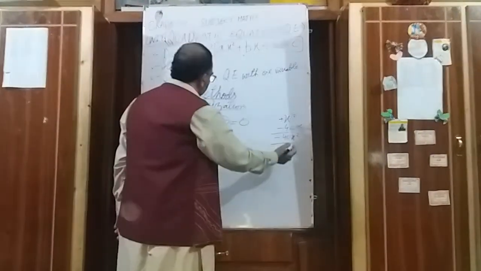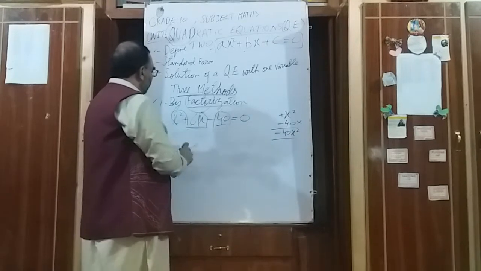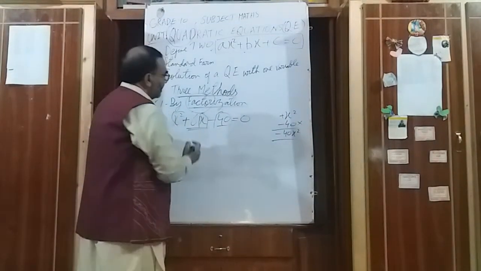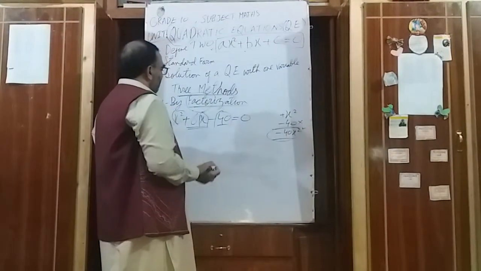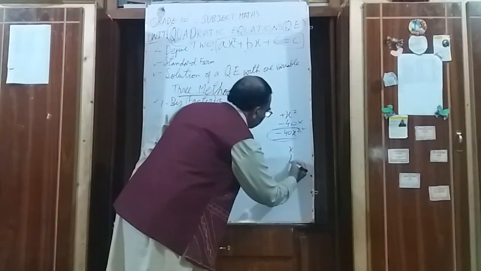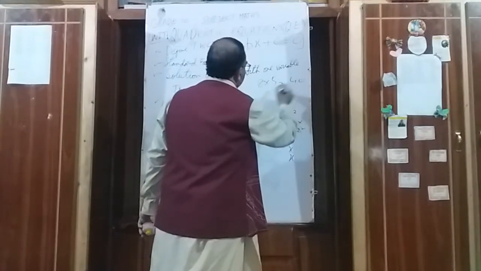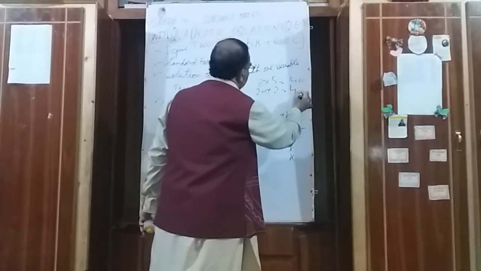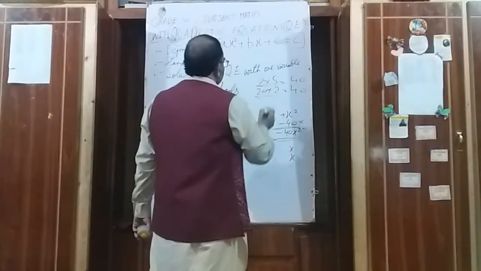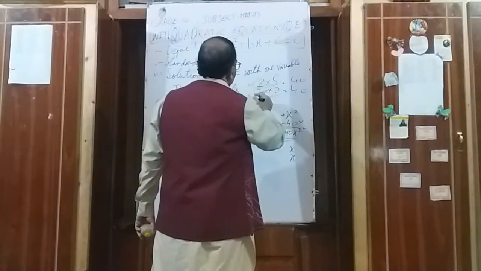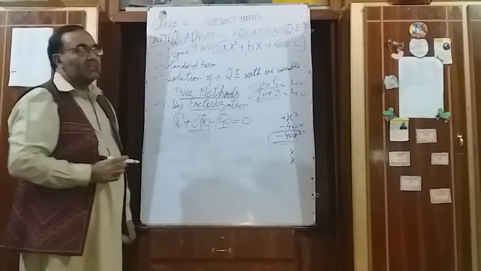Now you will make two factors that, by adding or subtracting, you will get the middle term. This is 6x, and when you are multiplying, you will get this minus 40x square. So there are many factors of 40, like 8 into 5, 40, 20 into 2, 40, but in these, none is satisfying the adding property.